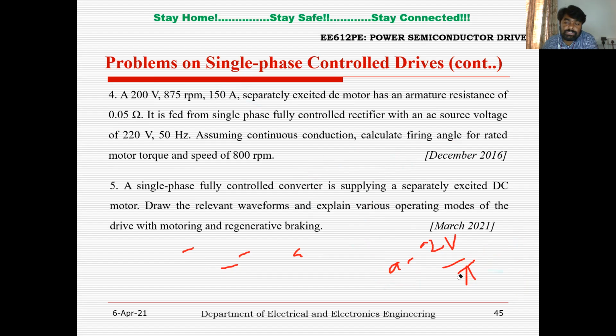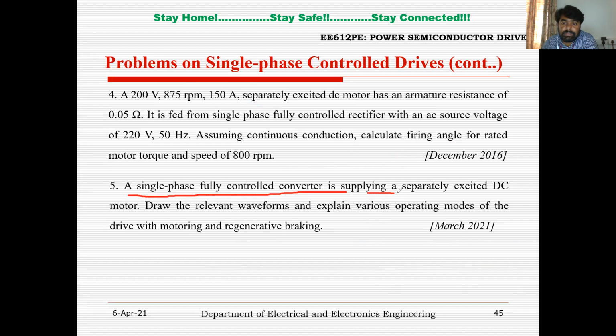And the last question from this single phase controlled drives is this one. It's the fifth problem. If a single phase fully controlled converter is supplying a separately excited DC motor, he has to draw the relevant waveforms and explain the various operating modes of the drive with motoring and regenerative braking, right?